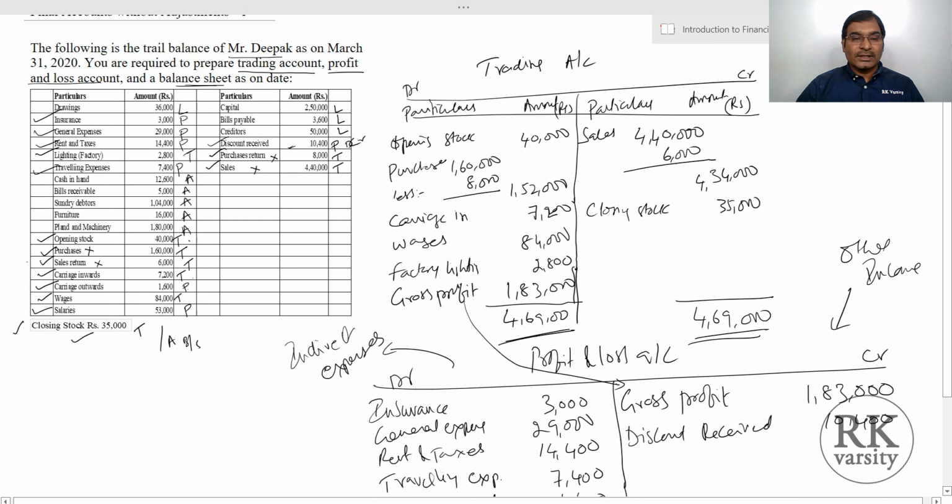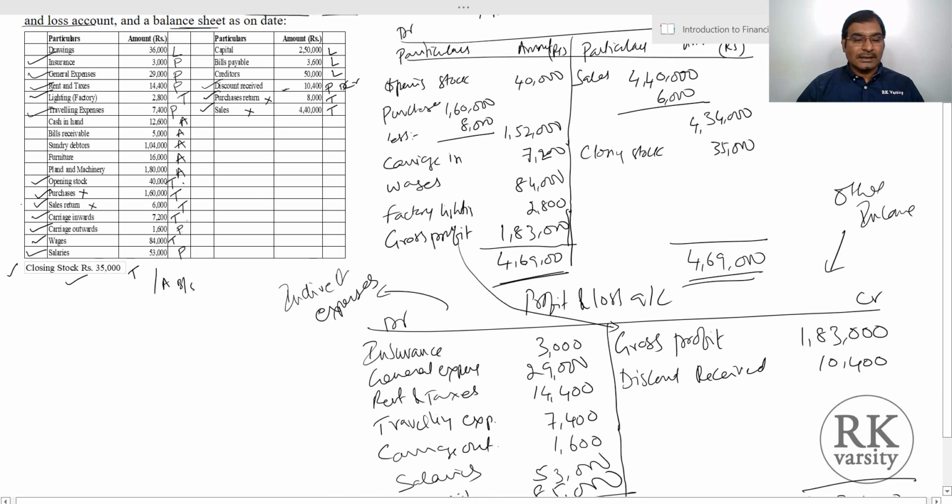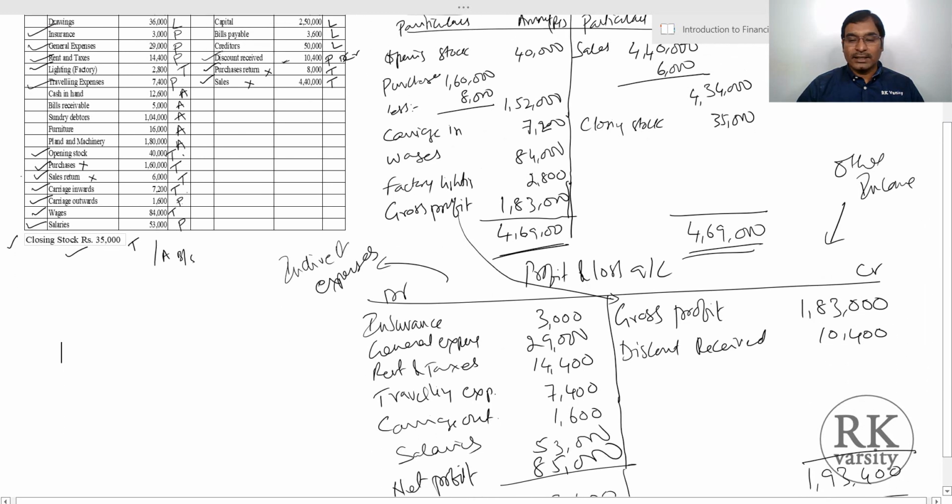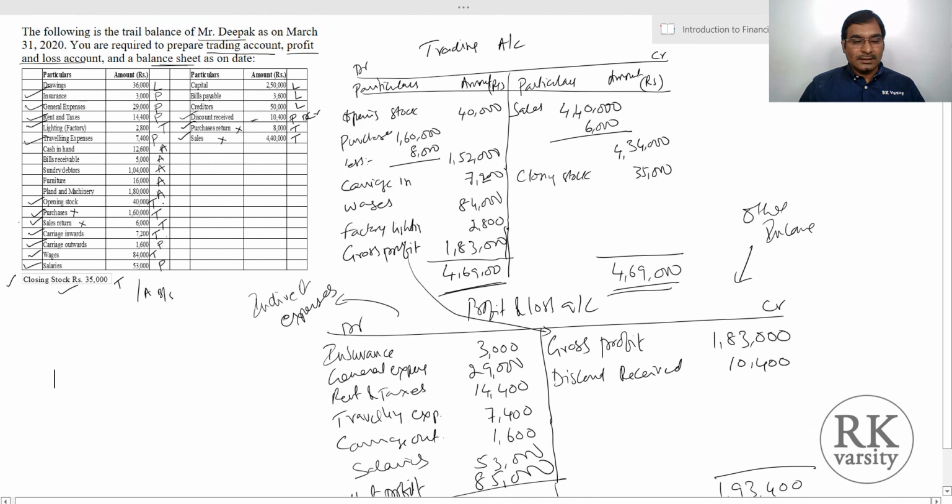Now what I'm going to do is, instead of going to another place, we'll write the balance sheet here itself, so that you can have an overall look in one place. So we have a balance sheet and we have liabilities on one side and assets on the other side.